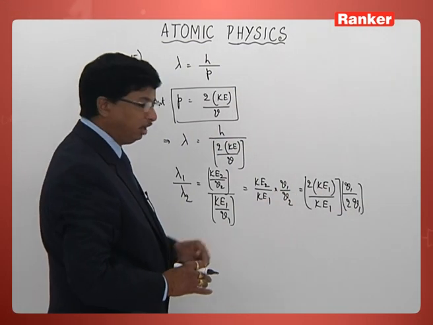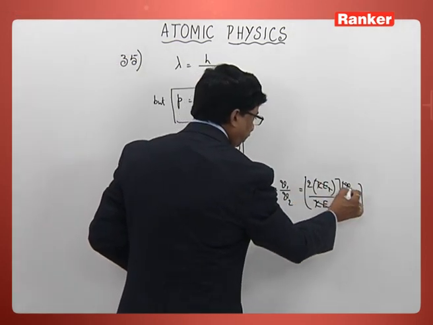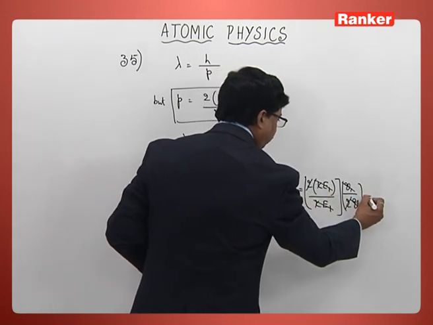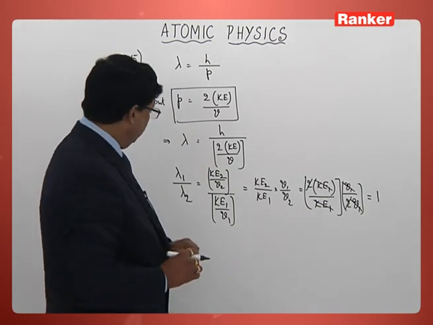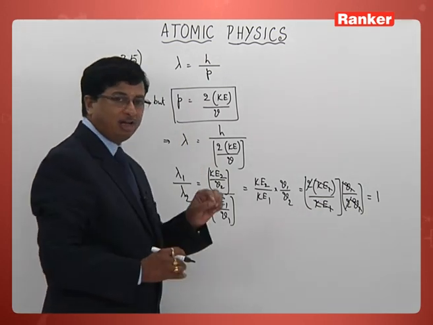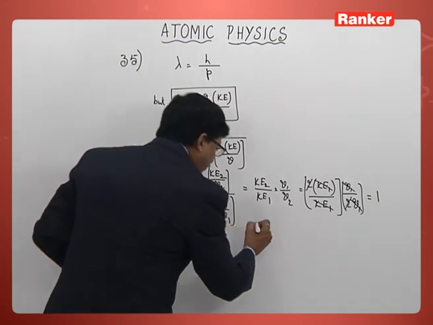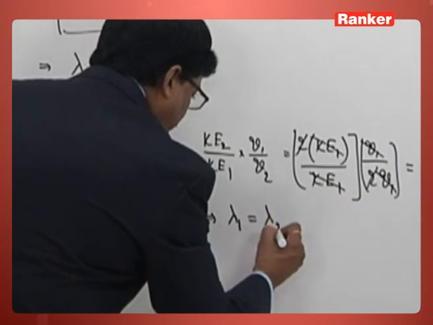Now kinetic energy gets cancelled, velocity gets cancelled, 2 gets cancelled, and what is left over is 1. So you can straight away say that lambda 1 is equal to lambda 2.